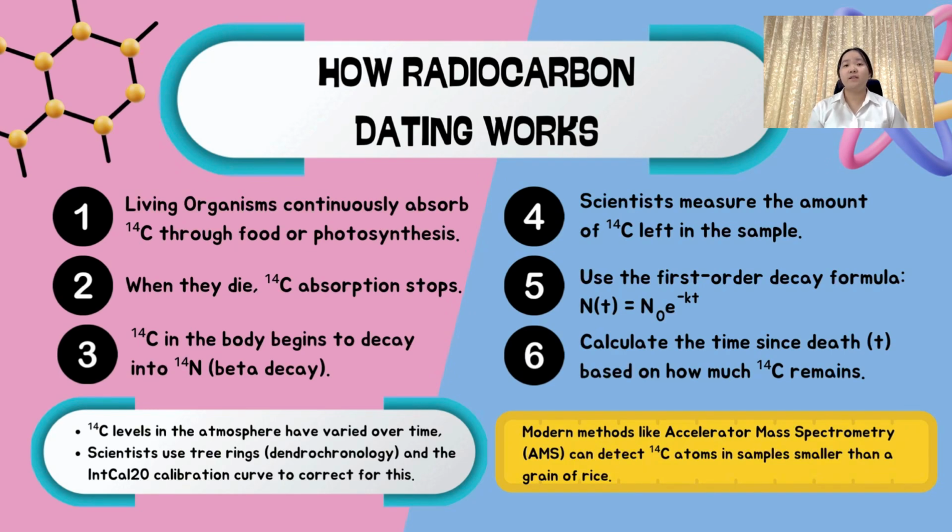A cool fact is that new technology can measure carbon-14 even in very tiny samples, smaller than a grain of rice. So radiocarbon dating helps us know how old things are by measuring how much carbon-14 is left, using math to calculate the time, and correcting for changes in the atmosphere.